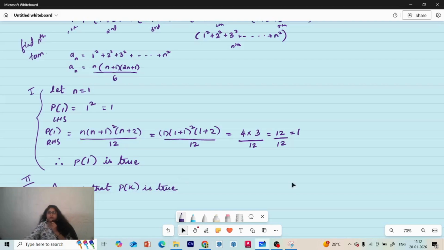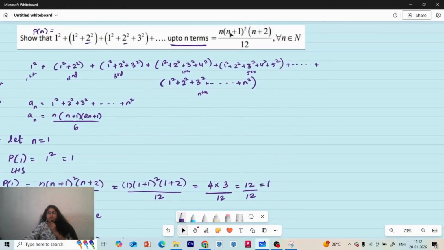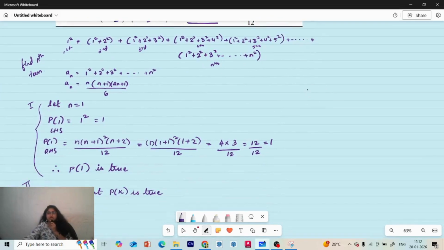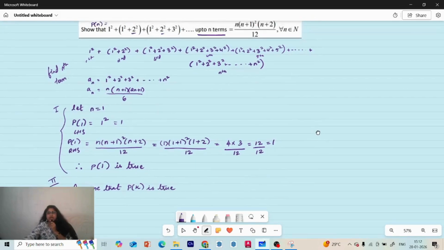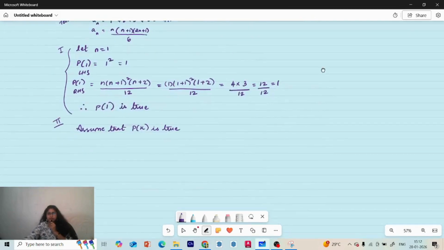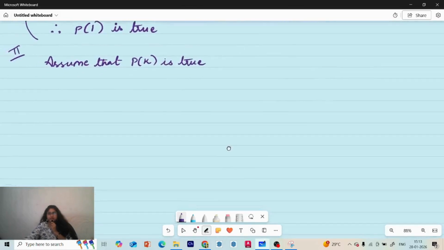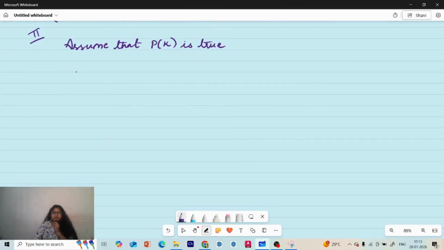So we will write the given statement as it is, we will write it down, but just replace N value with K. Okay, so let us write that statement down, which is 1 square plus 2 square plus 3 square, and so on.